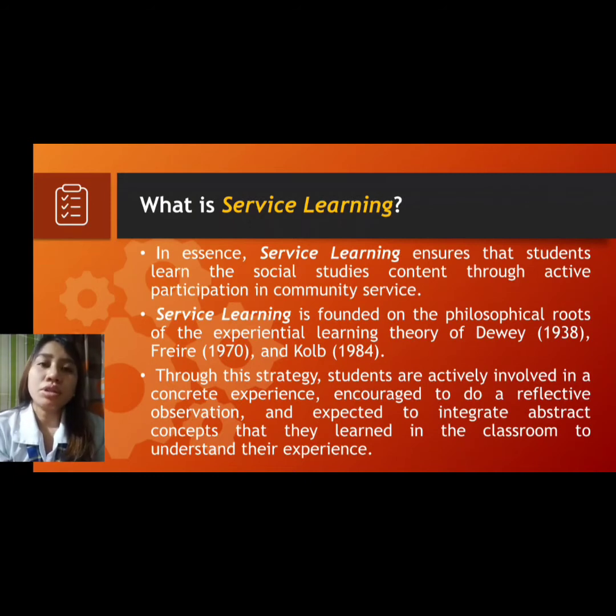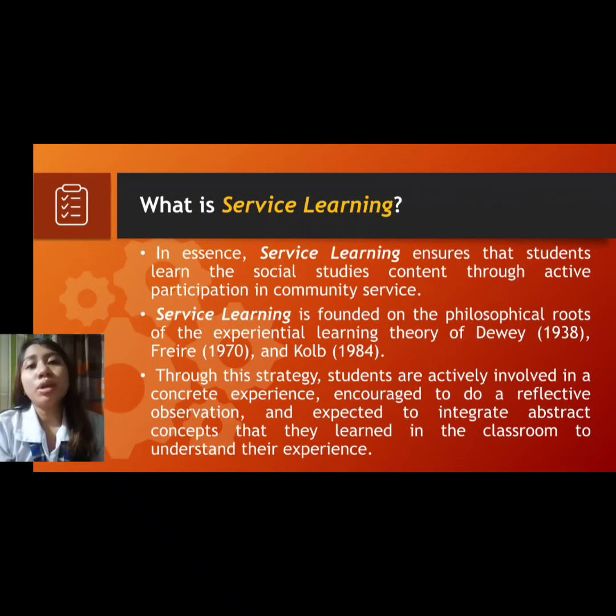So, mag-share sila ng kanilang iba't ibang experiences, opinions, ideas about this project, and expected to integrate abstract concepts that they learn in the classroom to understand their experiences.